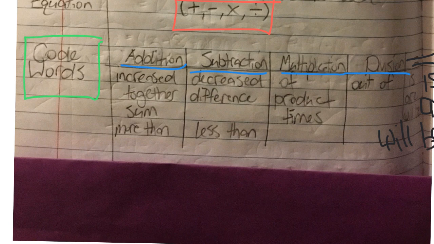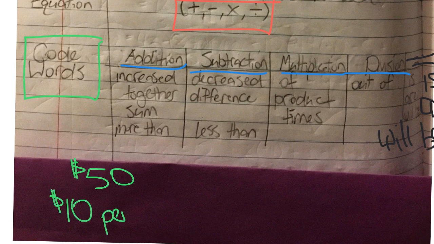So I'm going to read that one more time, and I'm going to write the important stuff as I read it. A photography studio charges a fee of $50 when you come in the door. So $50 at the beginning. Then you have to pay $10 per photo. So I'm going to write $10 per photo.